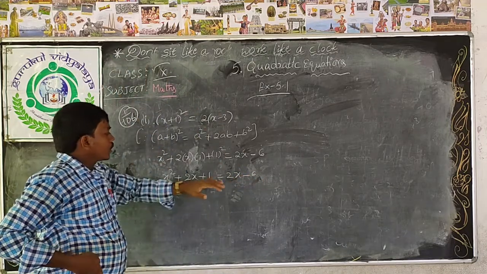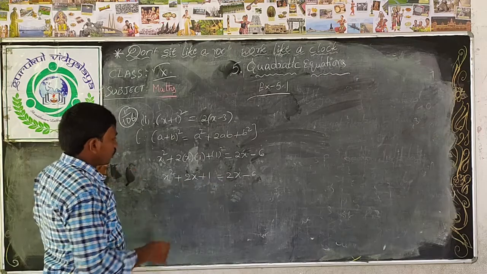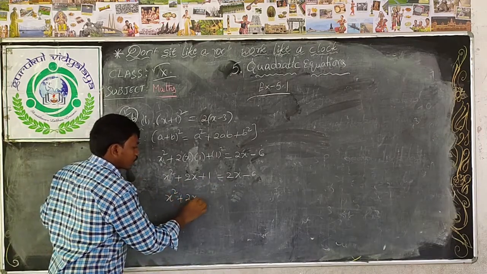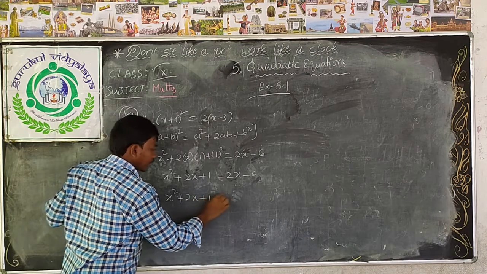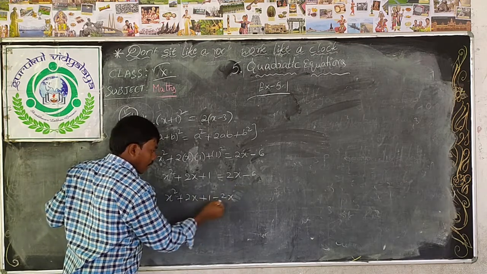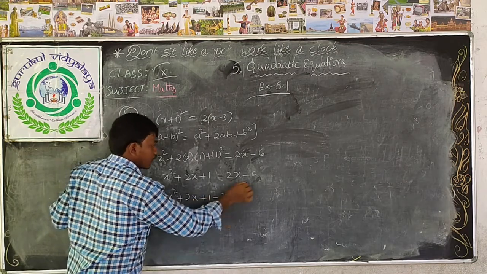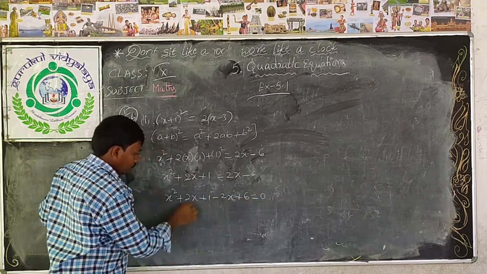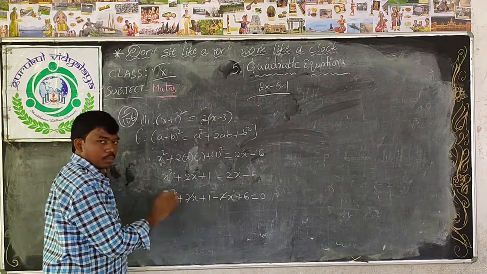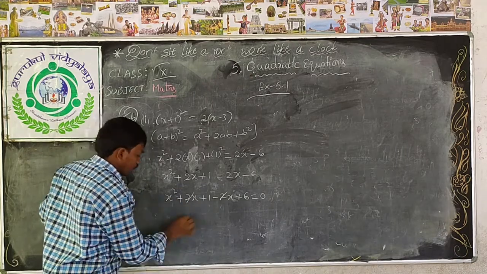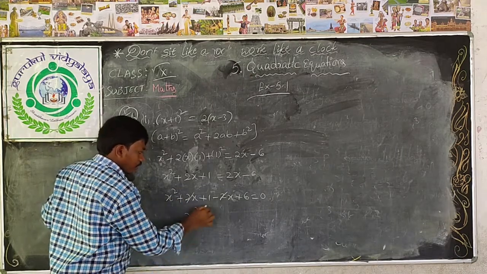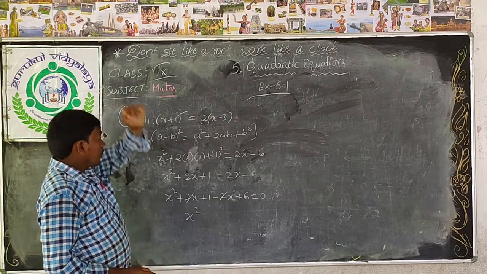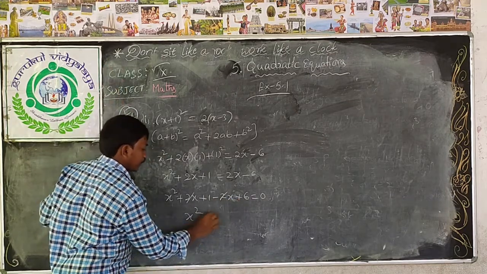Now transform the RHS terms to the LHS: x square plus 2x plus 1 minus 2x plus 6. Plus 2x and minus 2x are opposite, the same quantity, so they cancel. x square plus 1 plus 6, which is plus 7.